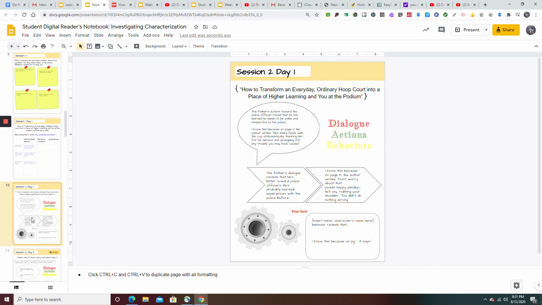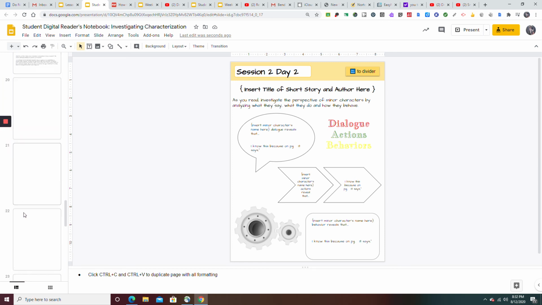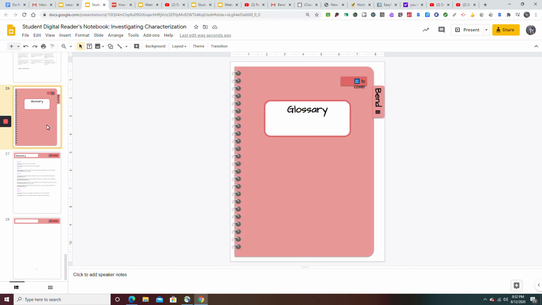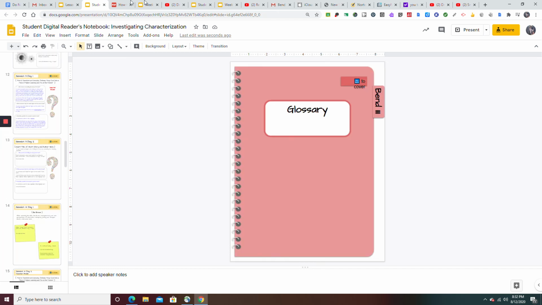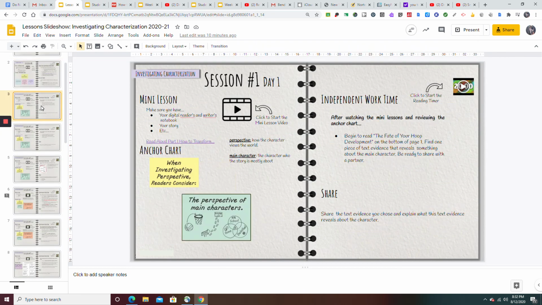Now, there are certain key words we want you to know and remember to help you through this unit. So you would actually go ahead and find those in the glossary. So let's take a look. So if we were to go back to this lesson chart and we were to click on session 1, notice how it's got some keywords like perspective and main character.